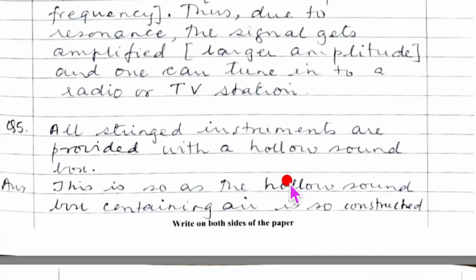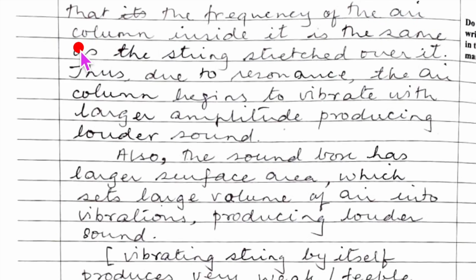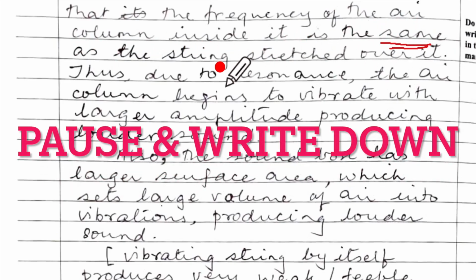And let's look at the last one of this video. All stringed instruments are provided with a hollow sound box. Now, hollow sound box is made of wood and it contains air. So we write this is so as the hollow sound box containing air is so constructed that the frequency of the air column inside it is the same as the string stretched over it.